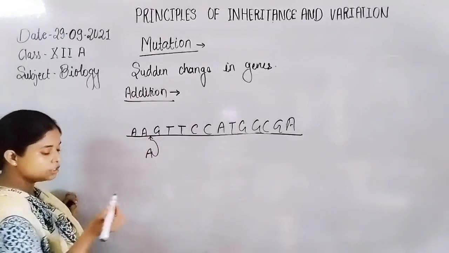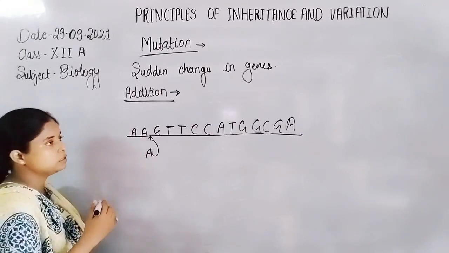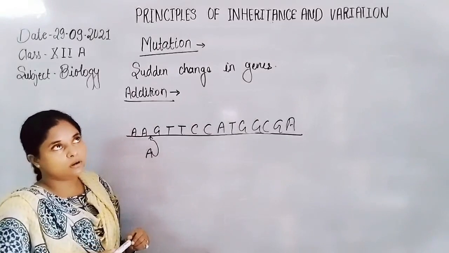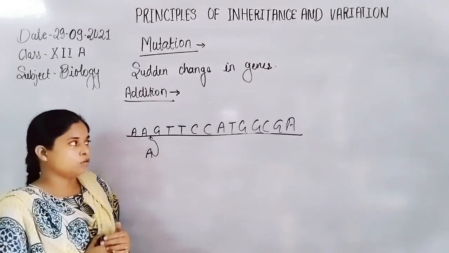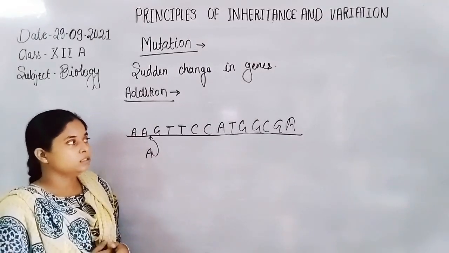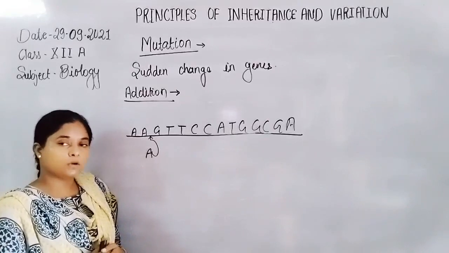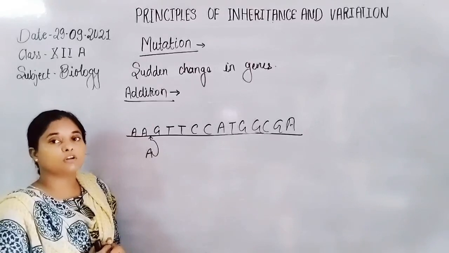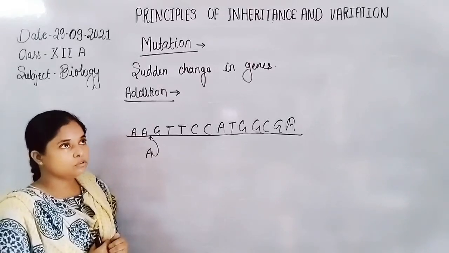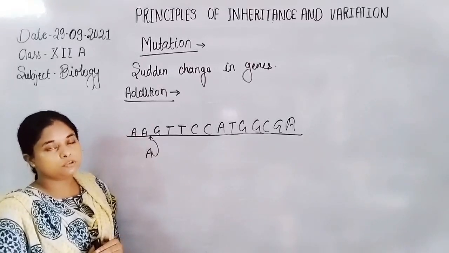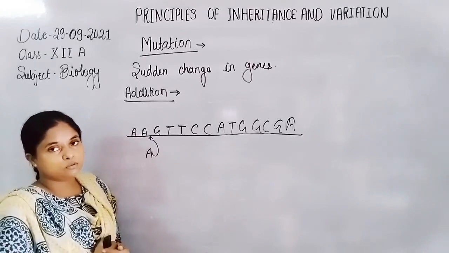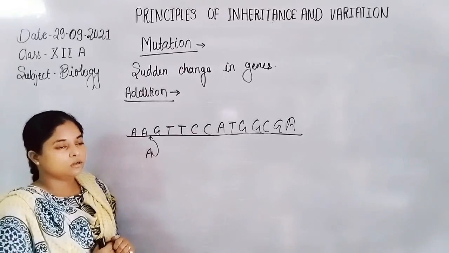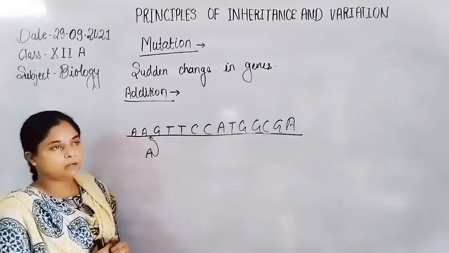If any change takes place in the DNA molecule, the mRNA will always be affected by the mutation, because the change in the genetic sequence also gets transferred to the mRNA. Protein gets synthesized through the messenger RNA, so if there is a change in the messenger RNA, there will also be a change in the amino acid sequence.